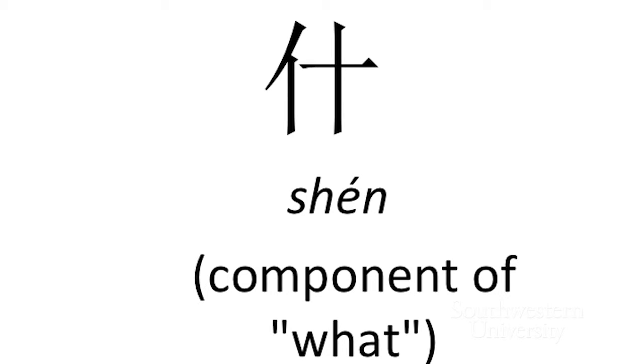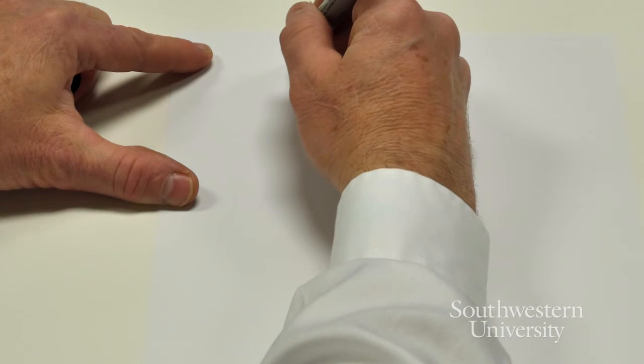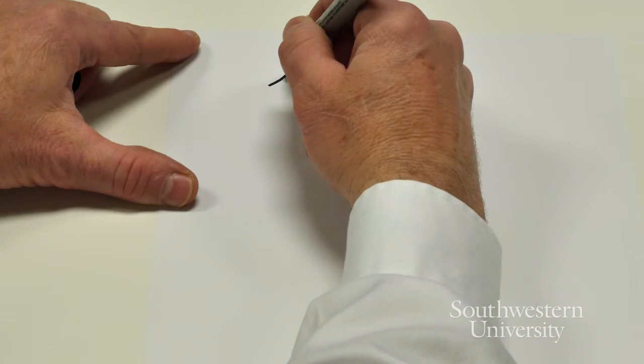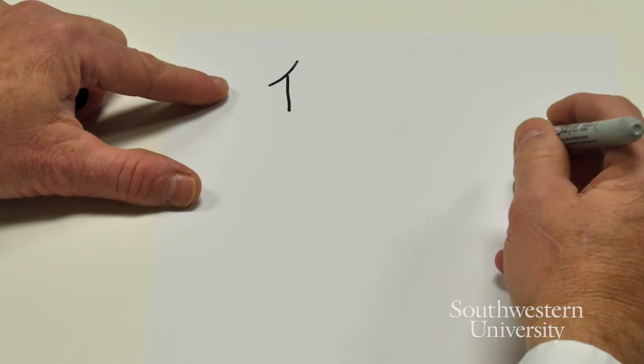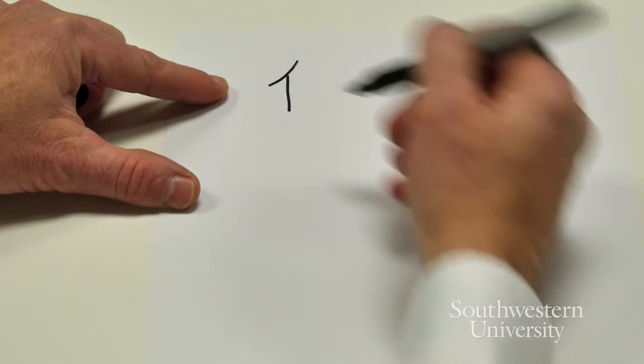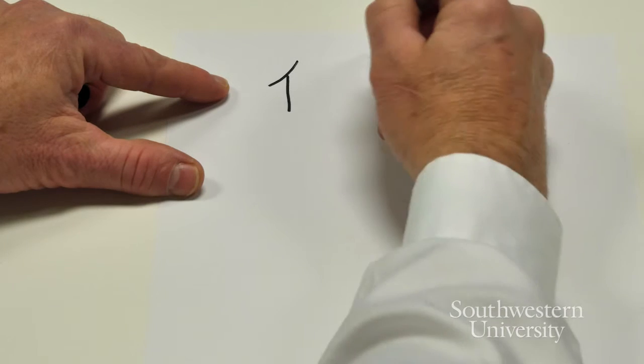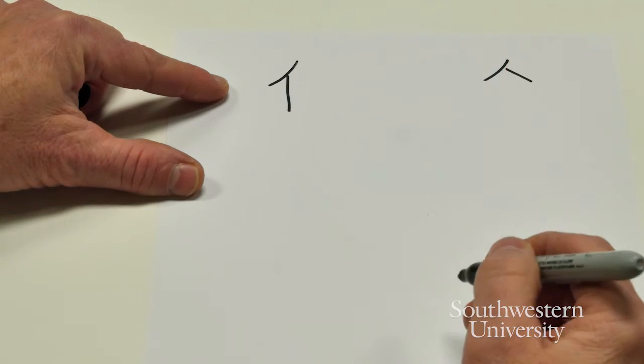Okay, the next character is the first component of the word shema. It can mean other things on its own, but it is not all that common. So we'll just use it as shema. This is the renzapang, the ren character as a radical.